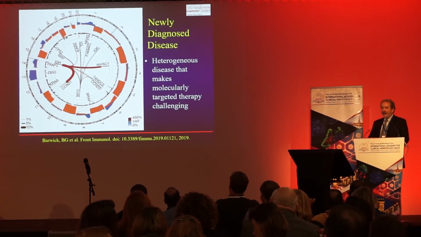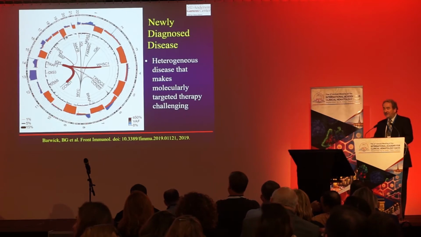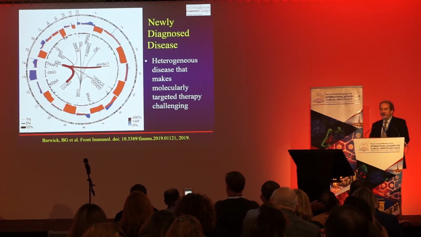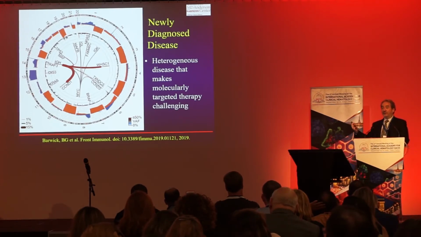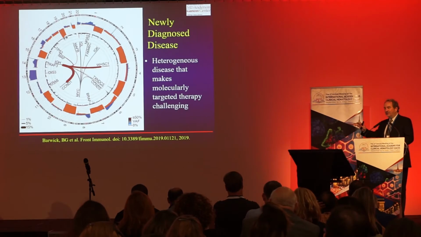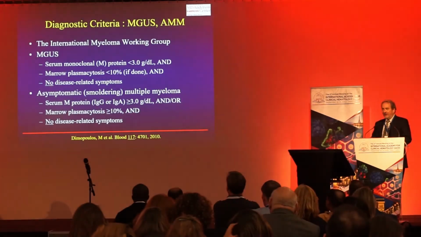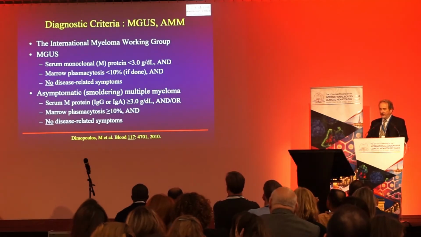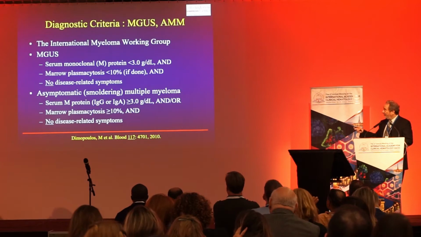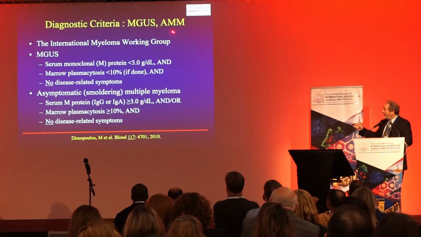And this in part has made it a fascinating disease to study in the laboratory, but a little bit more frustrating from a clinical perspective because there is not one or two or three abnormalities in all patients that you can target. And as you can imagine, when you get to the relapsed and refractory setting, this map becomes even more complicated.